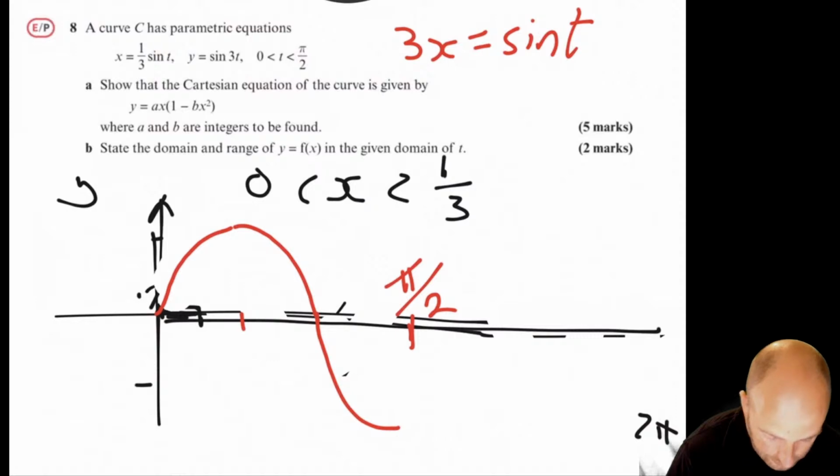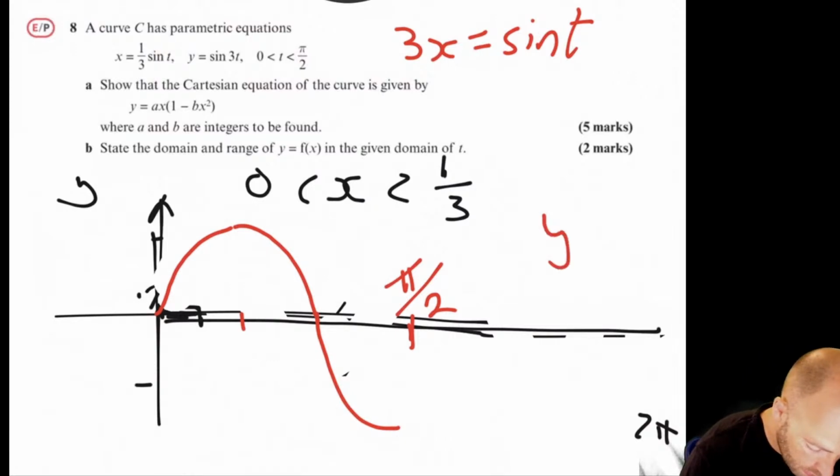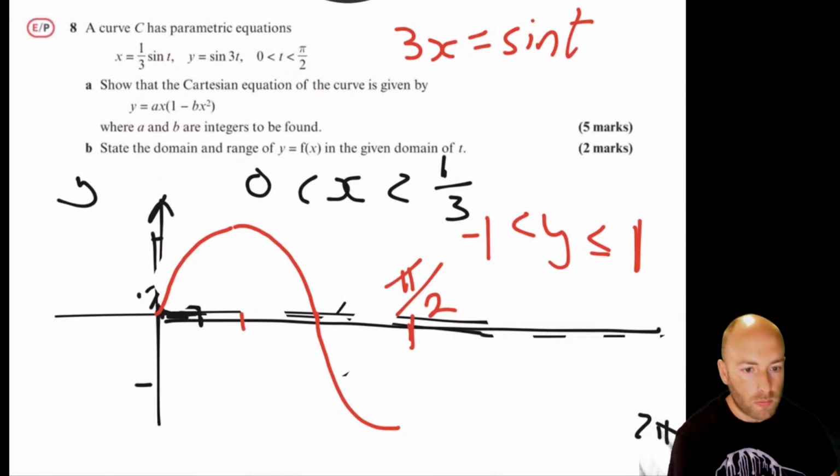It looks like we can't equal -1, so y has got to be greater than -1, less than or equal to 1. Cool. Is everyone right with that? So I would always recommend sketching it for range and domain questions.